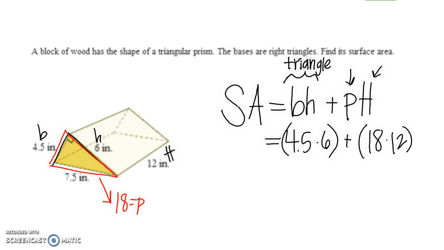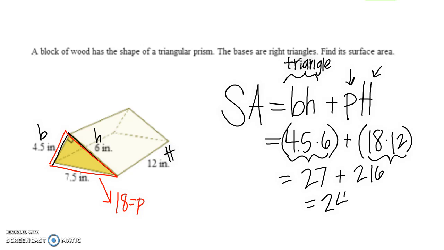We're going to multiply first. So remember, that means multiply these 2 numbers and these 2 numbers. Then we'll add at the end. 4.5 times 6 is 27. And then 18 times 12 is 216. Last thing to do is add 27 and 216. That gives me 243.